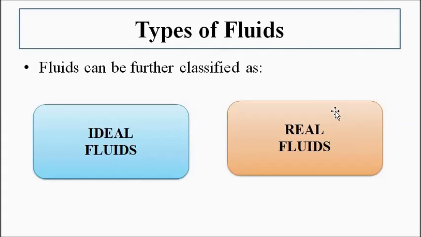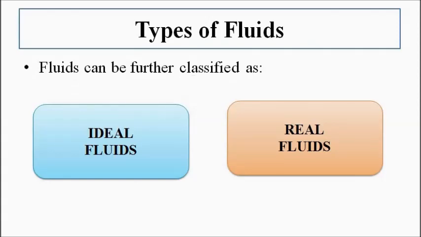There are various ways in which fluids can be classified, and we will do that in the upcoming videos, but this is a simple classification, one way of classifying fluids. A simple categorization of fluids can be done in this way: ideal fluids and real fluids.